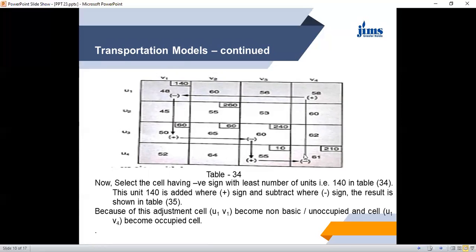So 3 negative signs. At this point the allocation is 140, at this point the allocation is 240, and at this point the allocation is 210. So minimum of this is 140. So 140 will be reduced from here, and that will be added at all positive points. Wherever positive is marked, we shall add it.